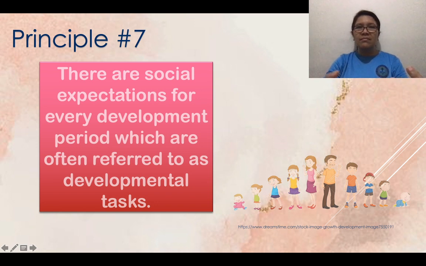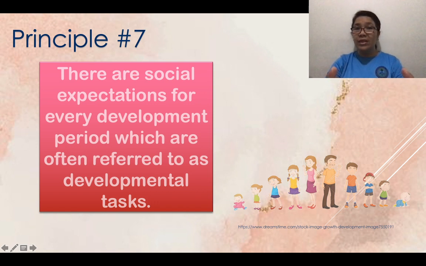Okay, so for children, developmental tasks may be in the form of making friends at a certain age. You should already be able to make friends maybe at age 5, or they are now able to learn how to socialize. As adults, at a certain age, they should already know how to be independent, autonomy.